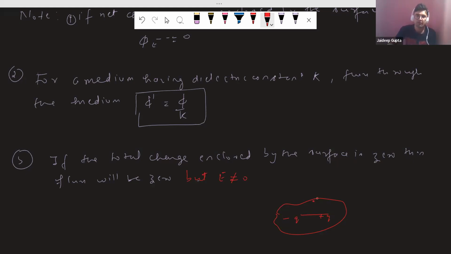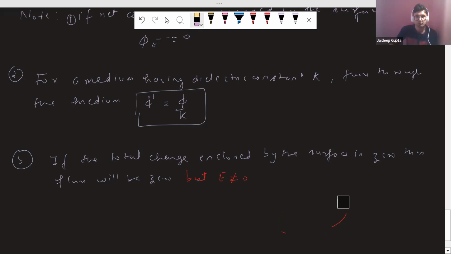Look, let it be a point at an equatorial point. There must be some electric field within the surface. I told you the electric field due to an electric dipole at an axial point or equatorial point. So let it be a point within the surface, at equatorial. Fine. So there must be an electric field. But the total flux is zero, but the electric field is not zero. So just remember one thing. If the total flux enclosed by the closed surface is zero, the electric field need not be zero.